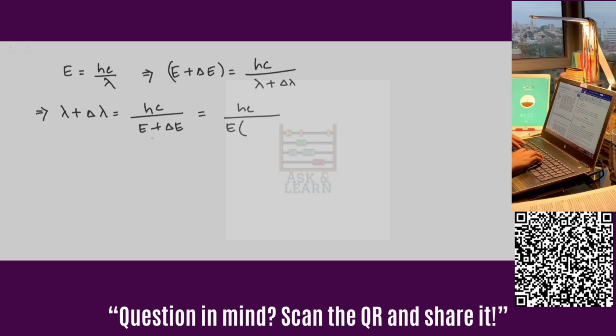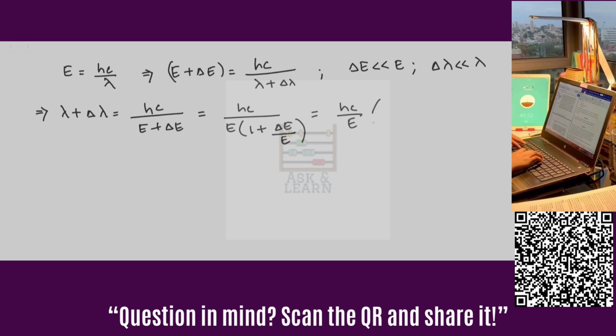Now we can factor out E from the denominator. Now assuming delta E is very much less than E and delta lambda is very much less than lambda, we can apply binomial expansion.